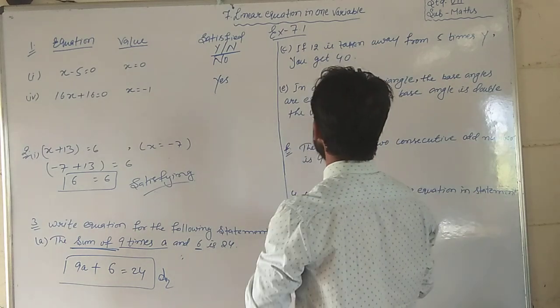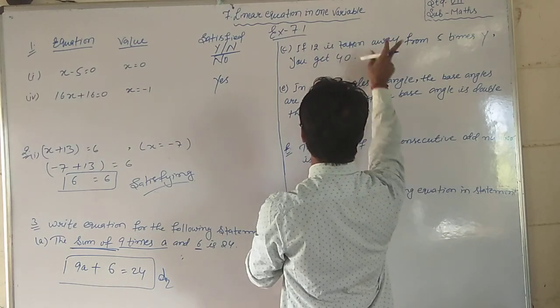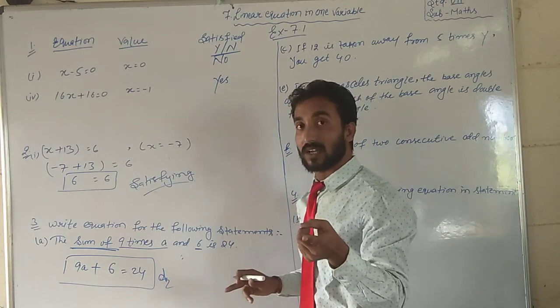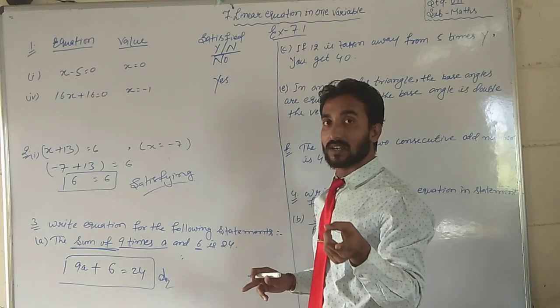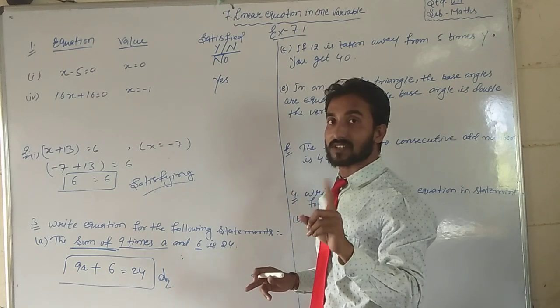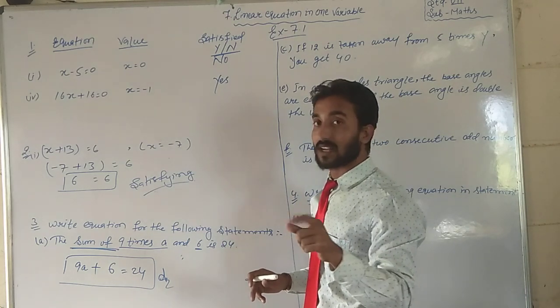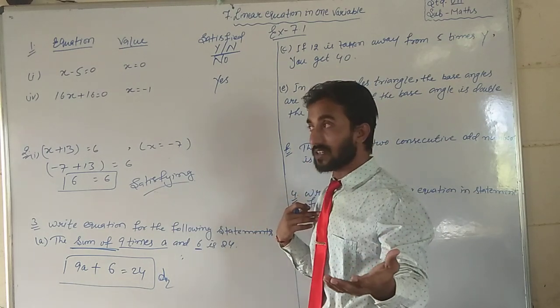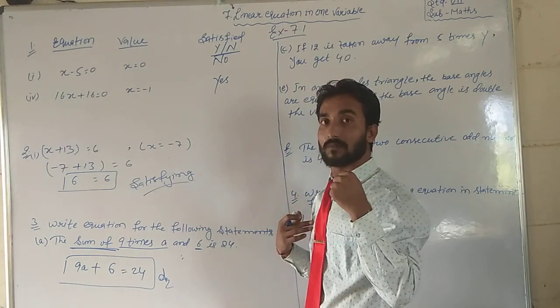So students, question for next. If 12 is taken away... if you have seen my previous video, definitely you will come to know about "taken away". I have discussed it over there. Taken away means that what I have given you, I already took back.